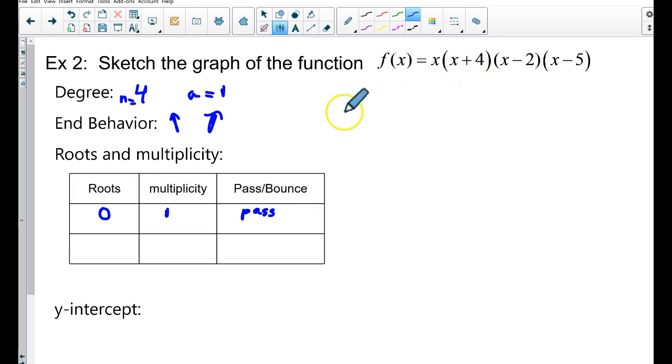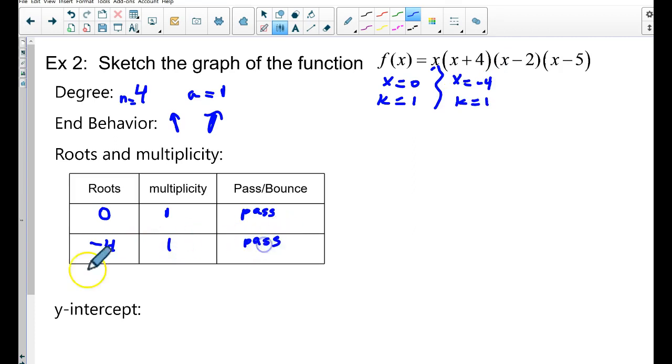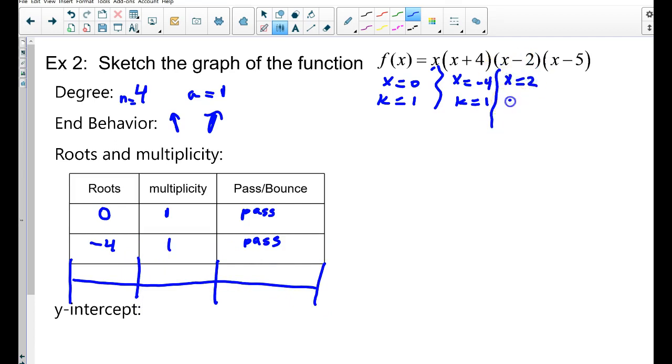We have a root at -4 with a multiplicity, I guess I should write this out. A root at -4 with a multiplicity of 1, and it's going to pass through that. We need to set up 2 more rows since we have 2 more roots. Again, sorry for the crooked lines. We have a root at 2 and a multiplicity of 1.